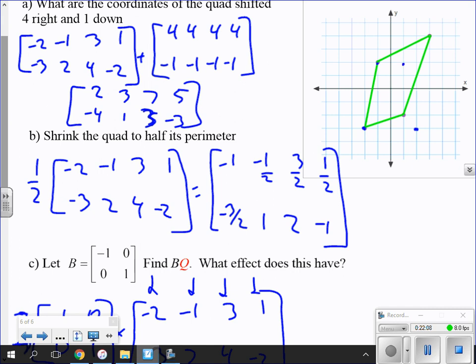I end up going up to here. So I go from here to here. And then I go negative 3, 4, which takes me up to that. And then I go to negative 1, negative 2, to here. And what did it do? It took it and flipped it across the y-axis. Thus endeth the lesson.